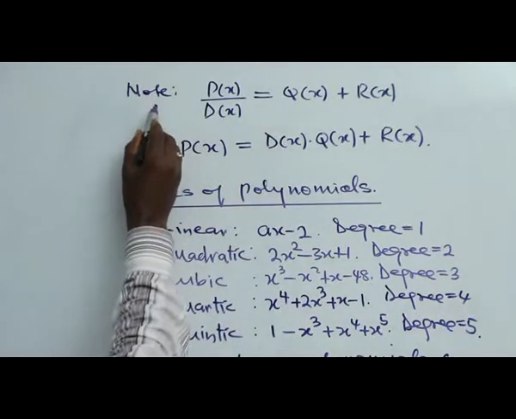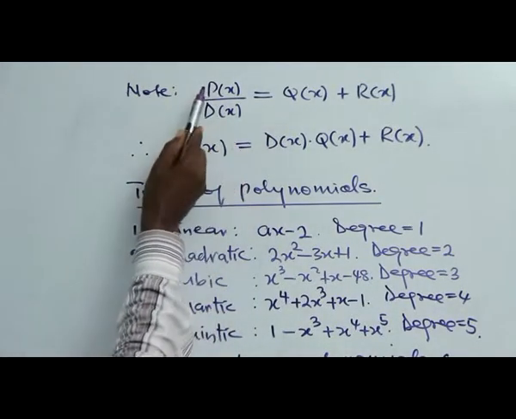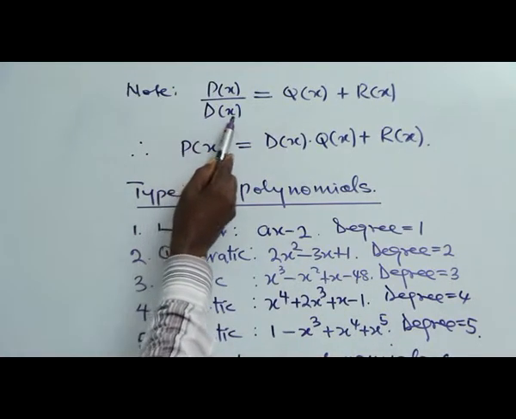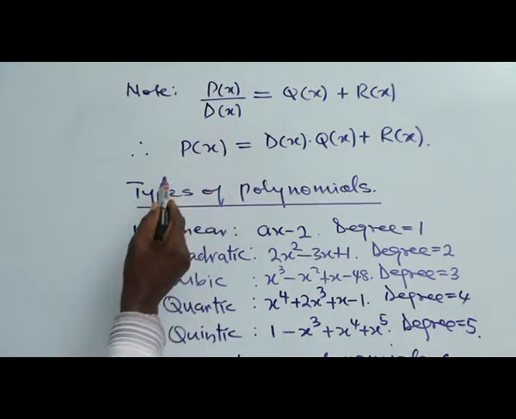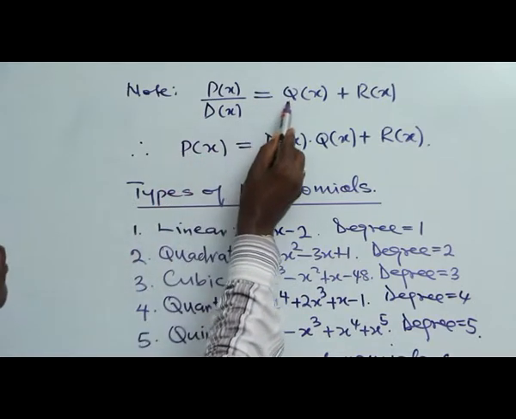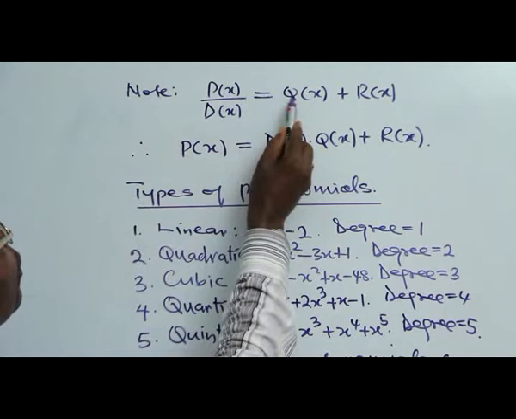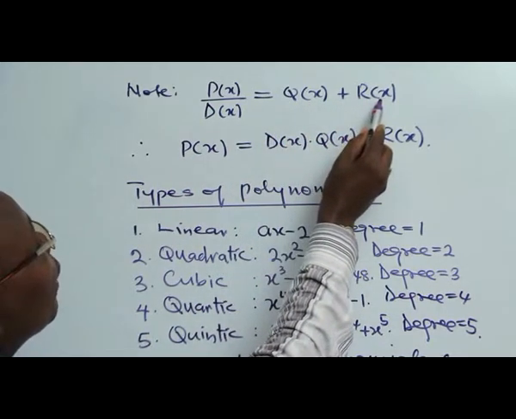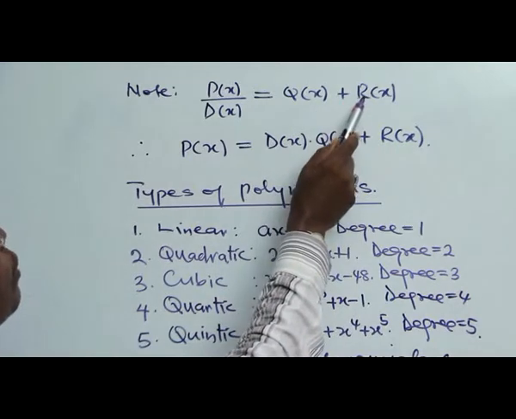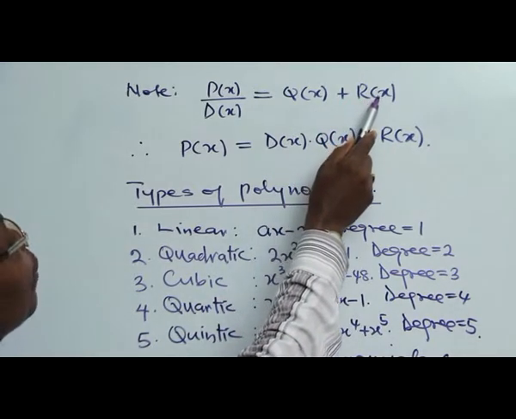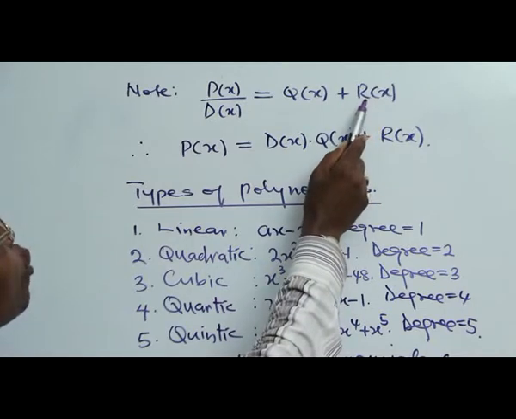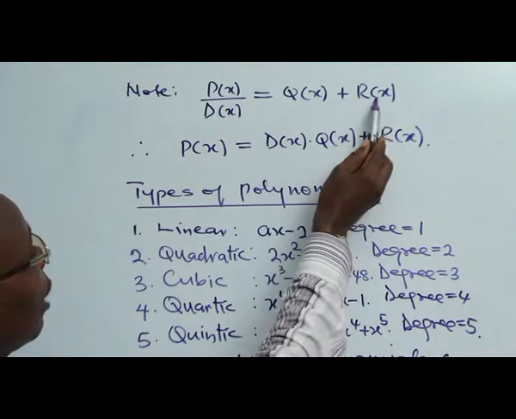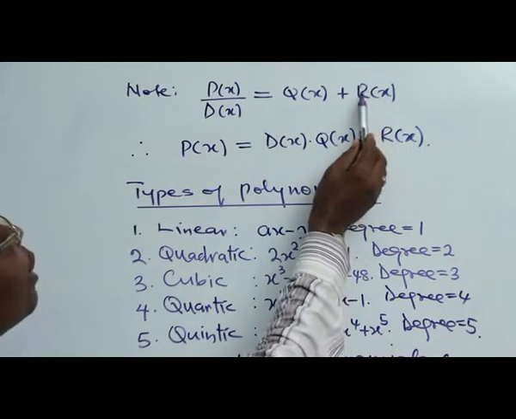I want you to note this. If a polynomial P(s) is divided by another polynomial d(s), the result will be equal to q(s), which is the quotient, plus the remainder, also a function of s. Sometimes this remainder can be a constant.